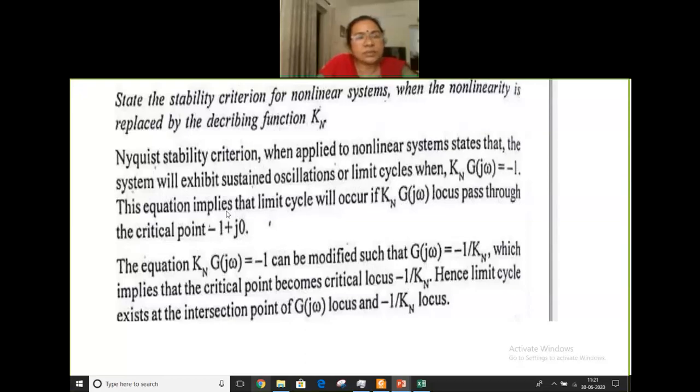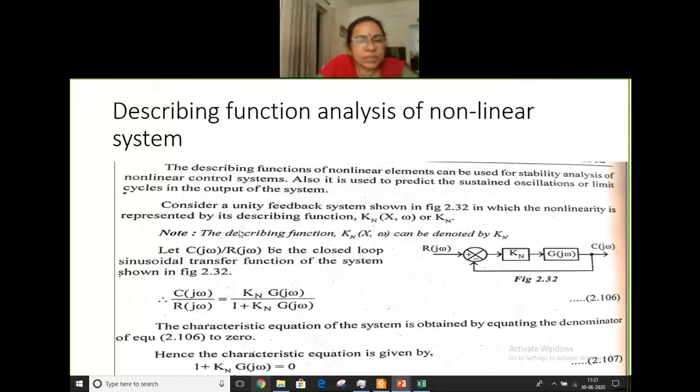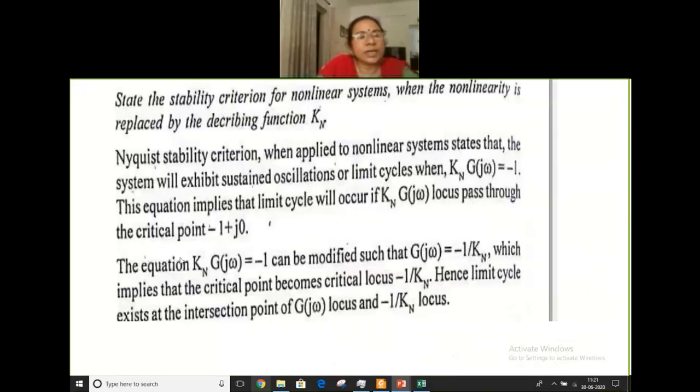Why has minus 1 plus j0 come? We know that 1 plus Kn G(j omega) is equal to 0. When you move the 1 to the right side, it becomes minus 1. So Kn G(j omega) is equal to minus 1, and you can write minus 1 in real and imaginary form as minus 1 plus j0.